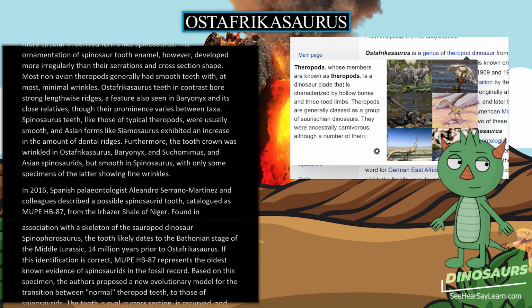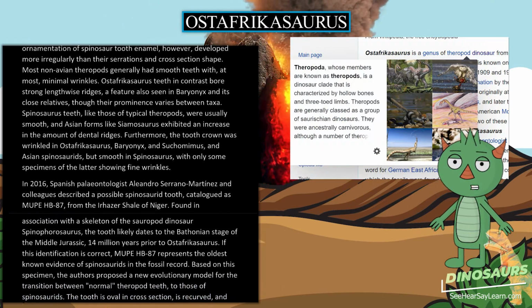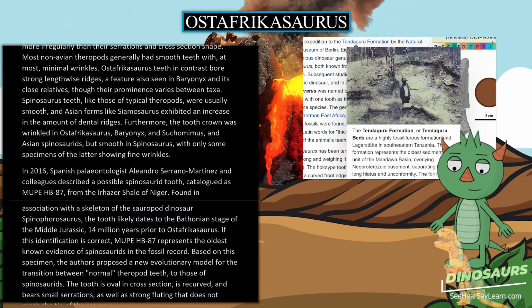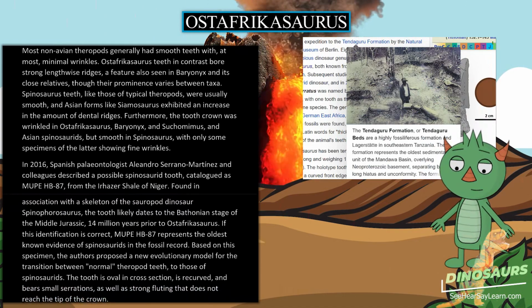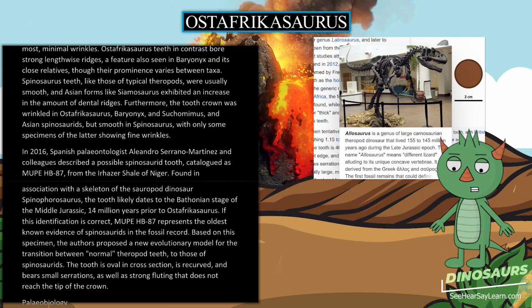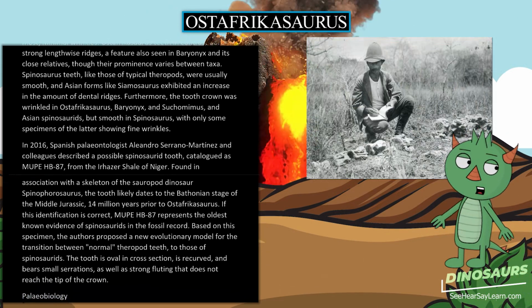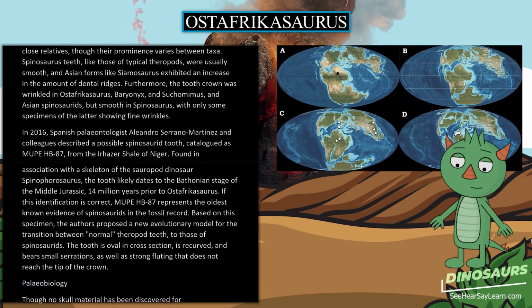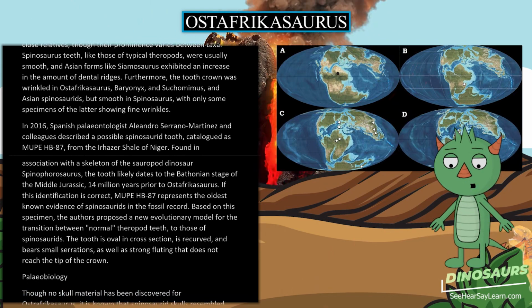In 2016, Spanish paleontologist Alejandro Serrano-Martínez and colleagues described a possible spinosaurid tooth, catalogued as MUPHB87, from the Irhazer Shale of Niger. Found in association with a skeleton of the sauropod dinosaur Spinophorosaurus, the tooth likely dates to the Bathonian stage of the Middle Jurassic, 14 million years prior to Ostafrikasaurus.